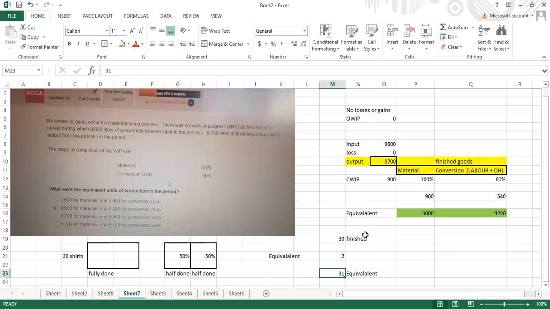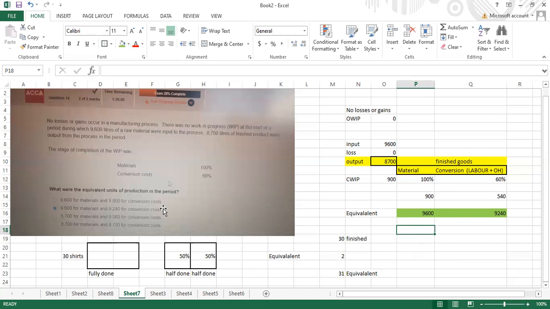Finished is still 30. You will not say 31 is finished, but you can consider that it is. It's simple as that. If one glass is half full and the other is also half full, you can say that you have one full glass of water. So this is the concept of equivalent unit.